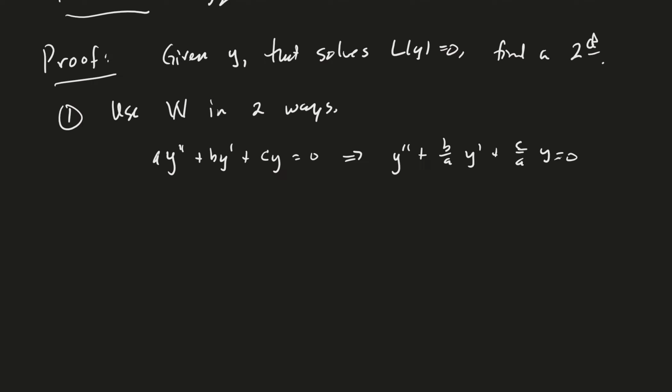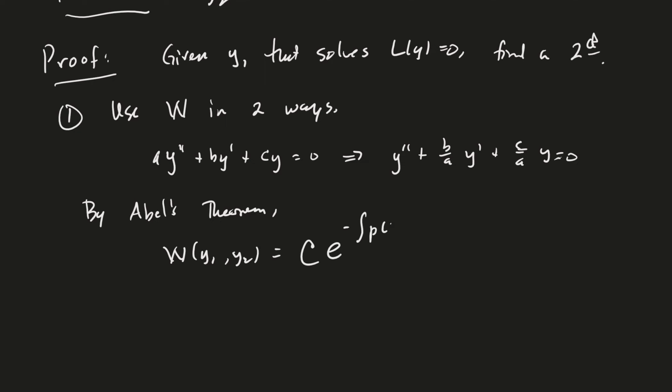And so remember that by Abel's theorem we can write the Wronskian of y1 and y2 as c e to the minus integral p of t dt, which in this case is going to be minus b over a times t, right? Good.